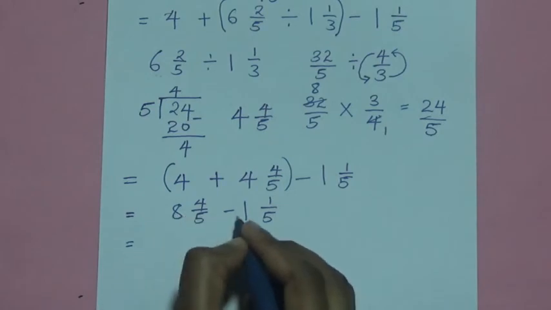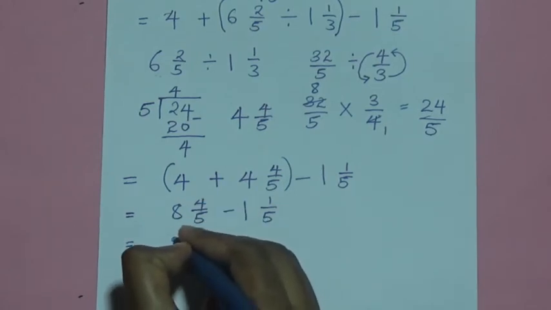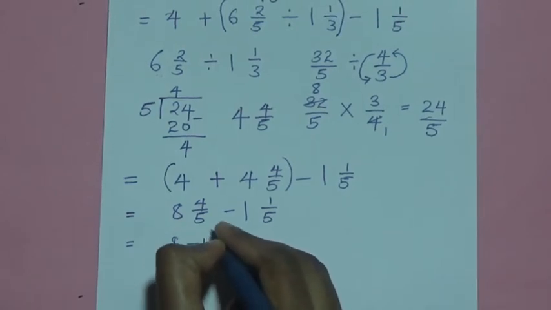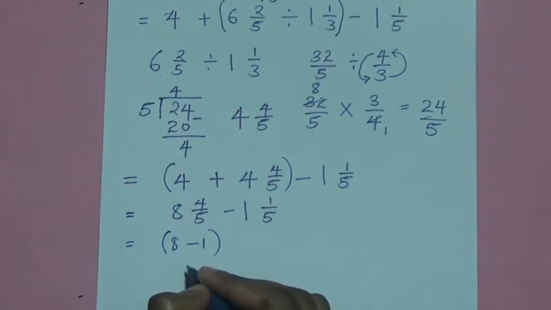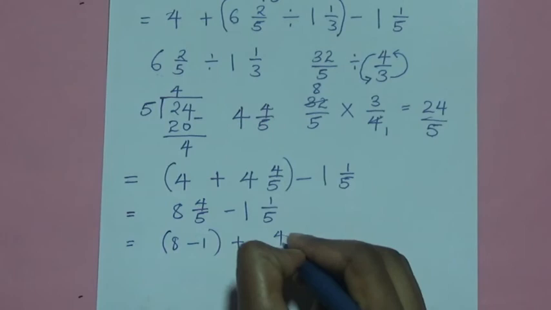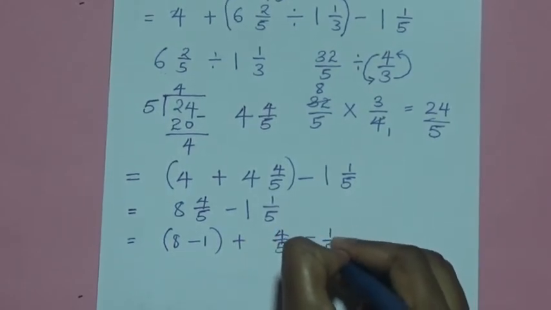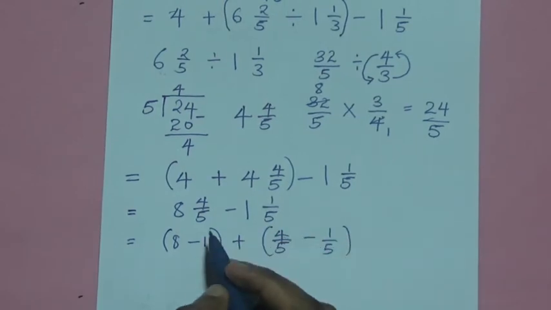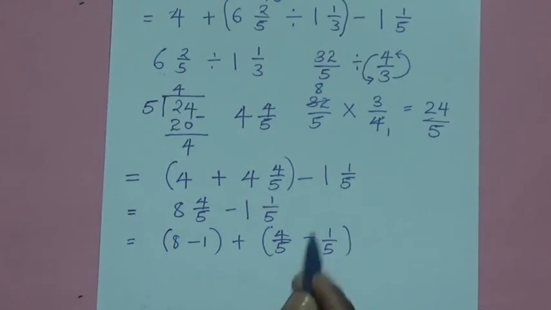So we can relate this as 8 subtract 1, the whole numbers, and then the answer you get, you add to 4 over 5 subtract 1 over 5. So we have separated the whole numbers and the fractions.